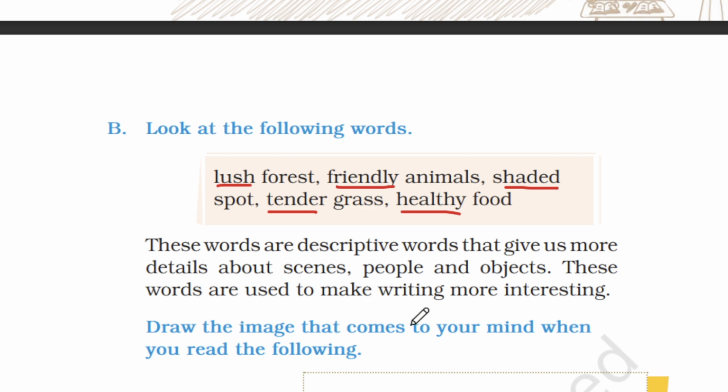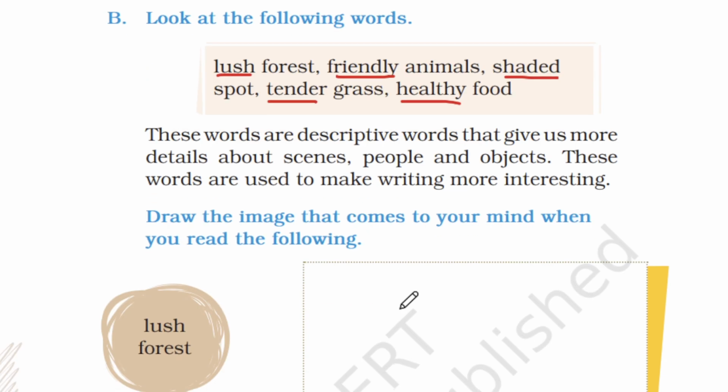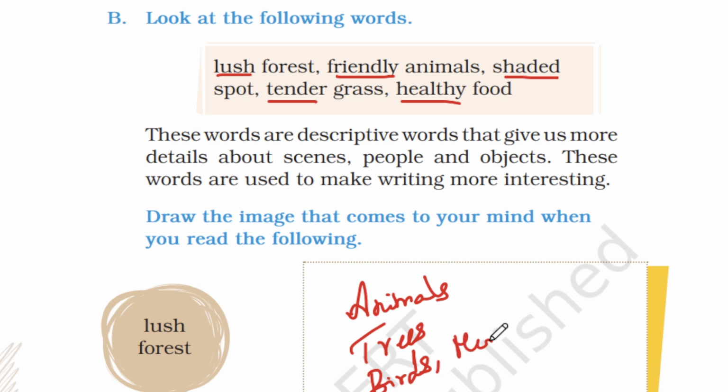Here we are asked to draw the image that comes to your mind when you read the following. For lush forest, you can draw any animals, or you can draw big trees, and you can draw birds, small mountains.